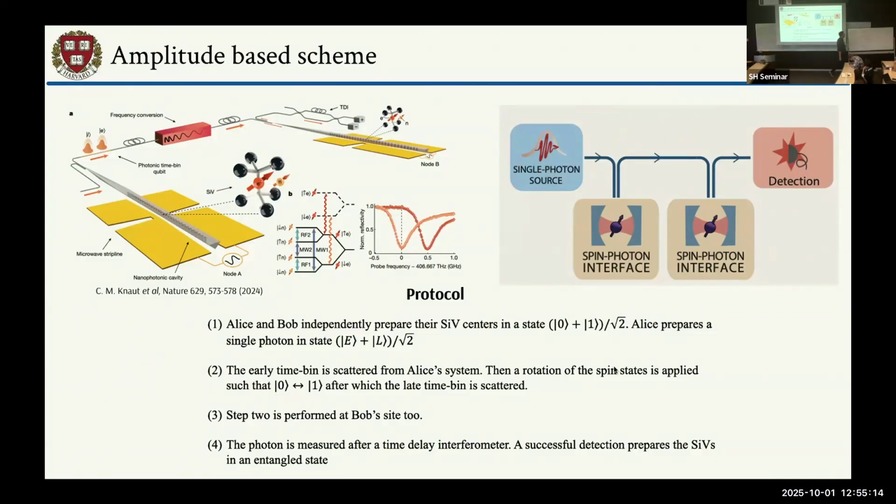So just as I wrote before, in time, a photon would be some f of t, a dagger t vacuum. Of course, with the Fourier transform, I can also get this in Fourier space, and it's some g of omega, a omega dagger vacuum. G and f are related by Fourier transform, right?